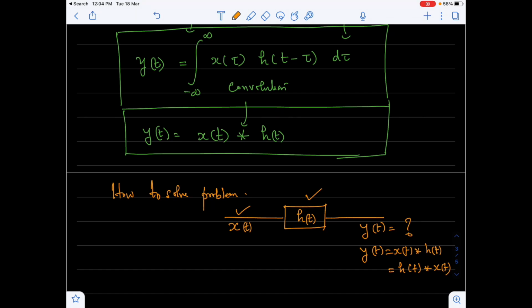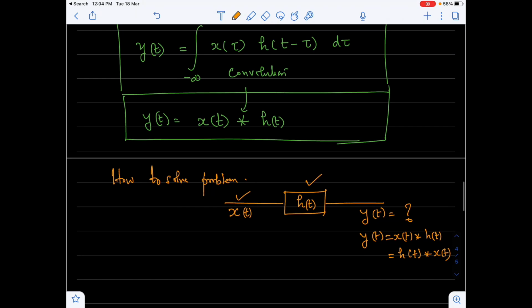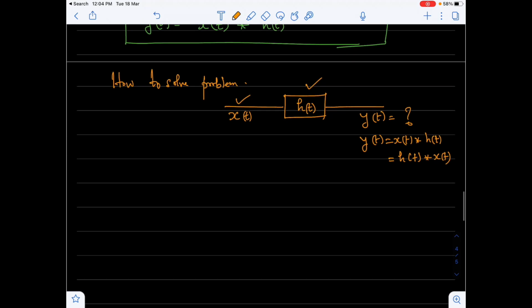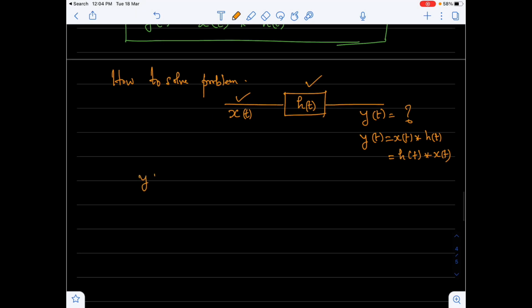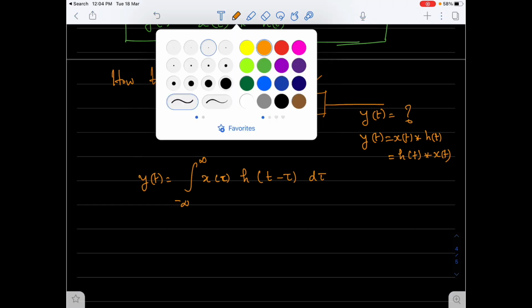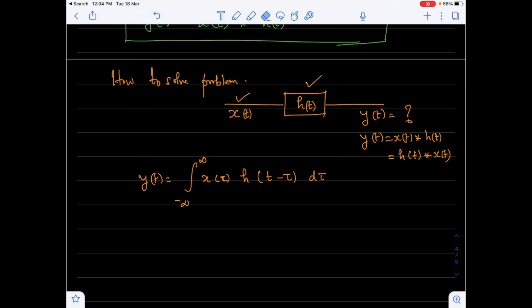Now you see this is how to find the output, but in the equation for the convolution, y of t is equal to integral minus infinity to infinity x of tau into h of t minus tau d tau, right? I can write this in a slightly different way to understand it better. This can be written as minus tau plus t, right?